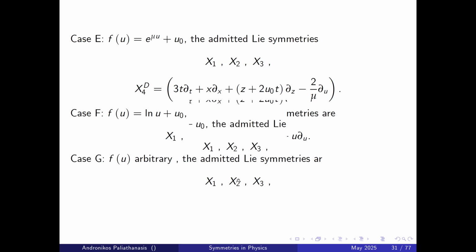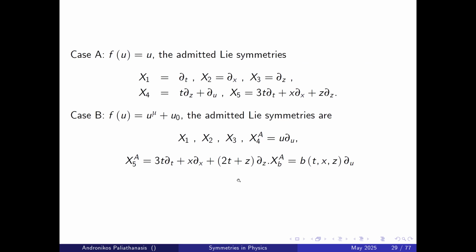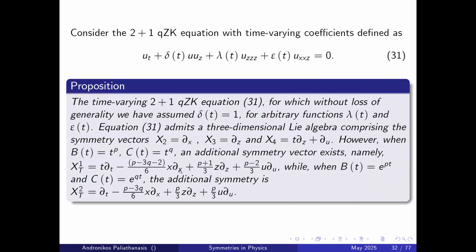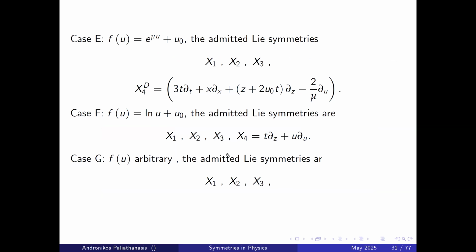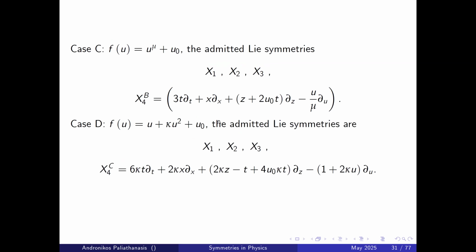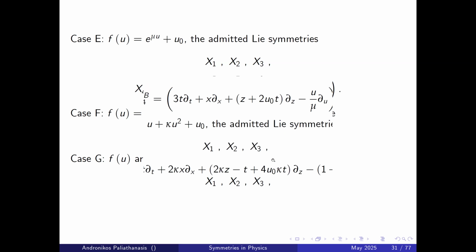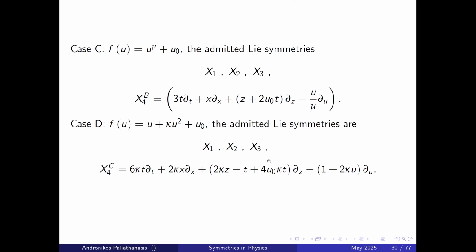So as you can see, the form of the symmetry vectors is different in each case, and so is the number of symmetries. Each set of vector fields means a different form, a different group. So there is no transformation that relates the different algebras, the different equations.